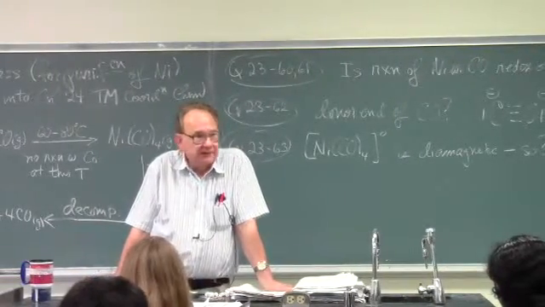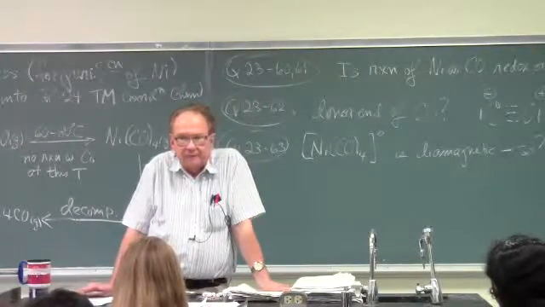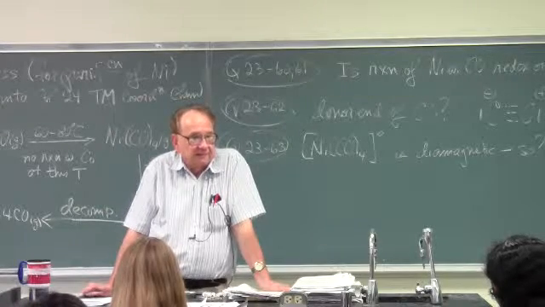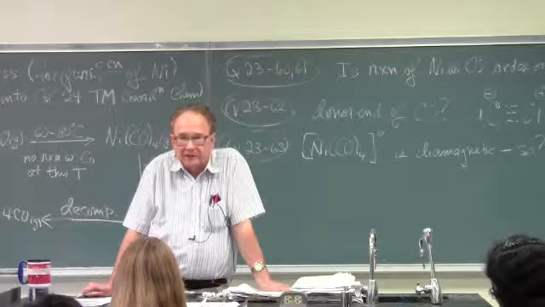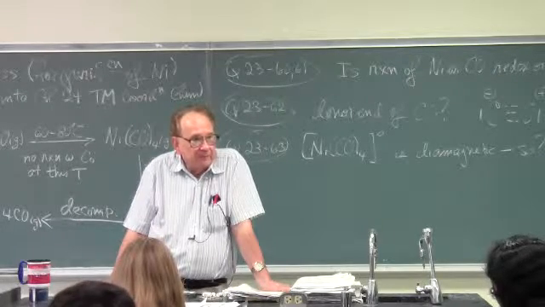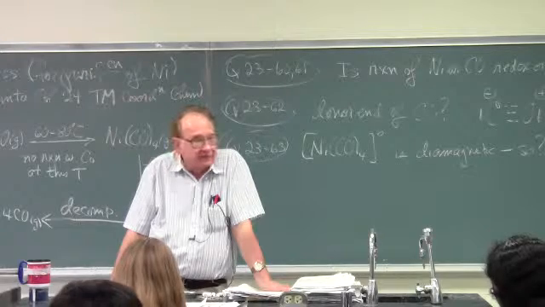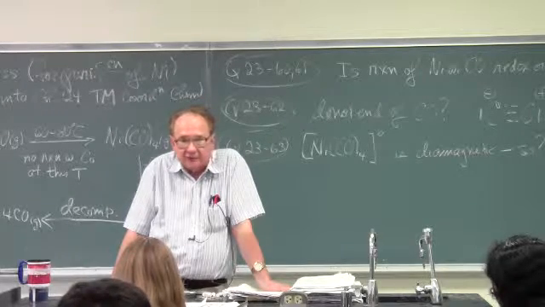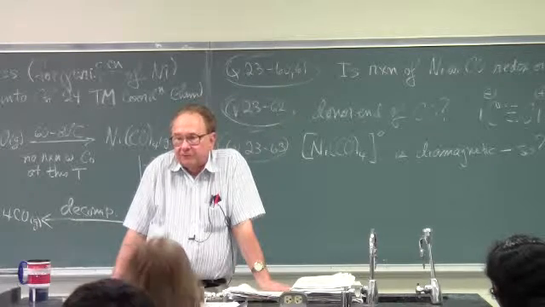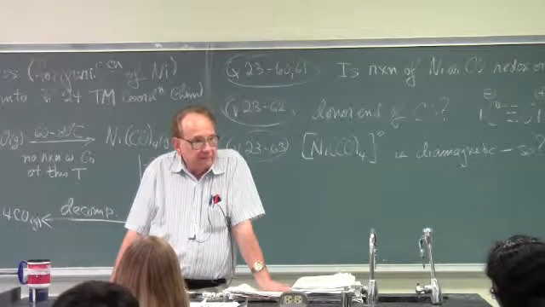Because non-transition metals in the main have a fixed number of valence electrons. When 1A metals react, they lose 1 electron per atom. That's it. 2A metals react, they lose 2 electrons per atom. That's it. Aluminum reacts, it loses 3 electrons per atom. That's it.